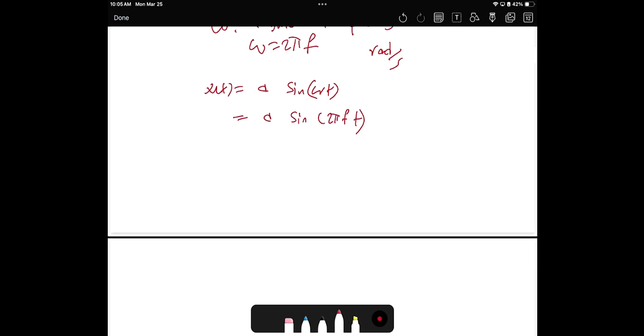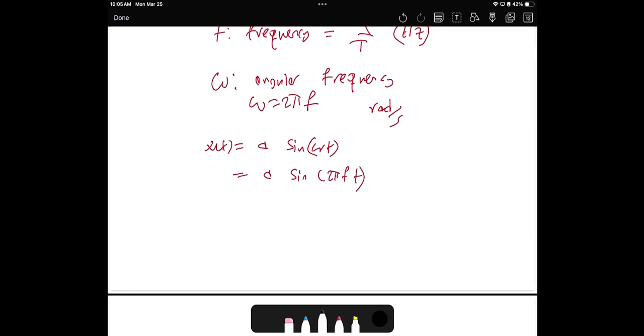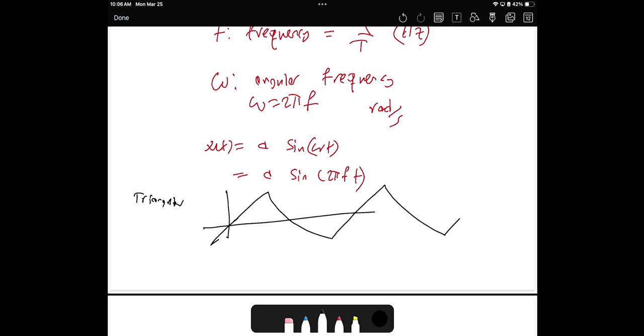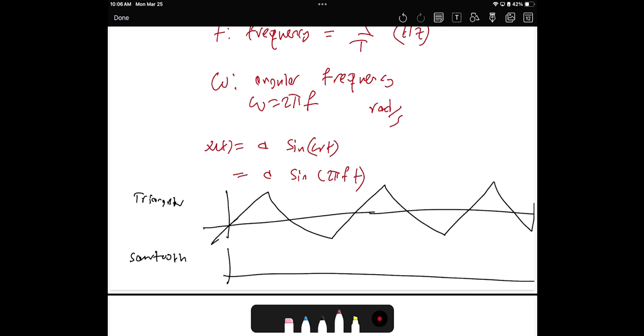And the same thing applies for other kinds of signals. So whenever we say, for example, triangular, it's also periodic, because it repeats itself every specific period of time. And also when I talk about the sawtooth signal, it's also periodic.